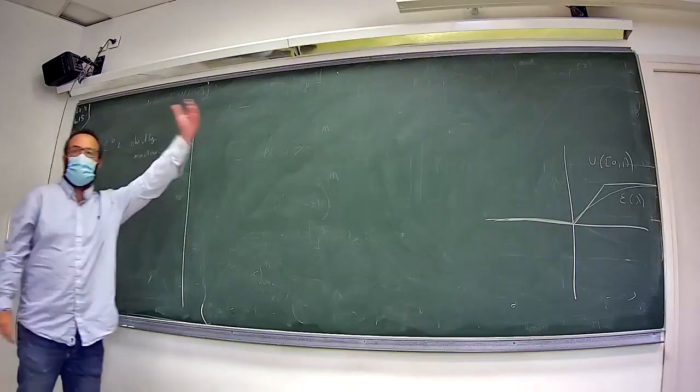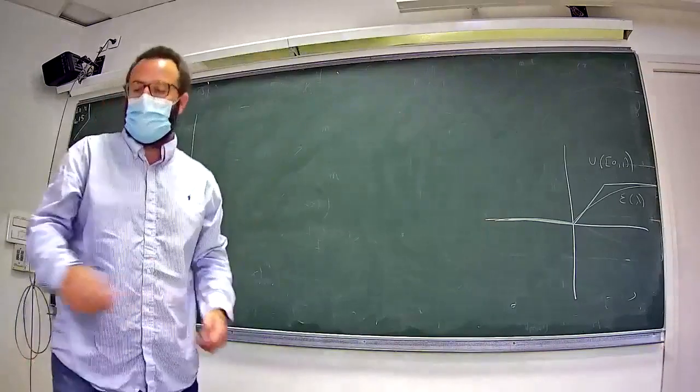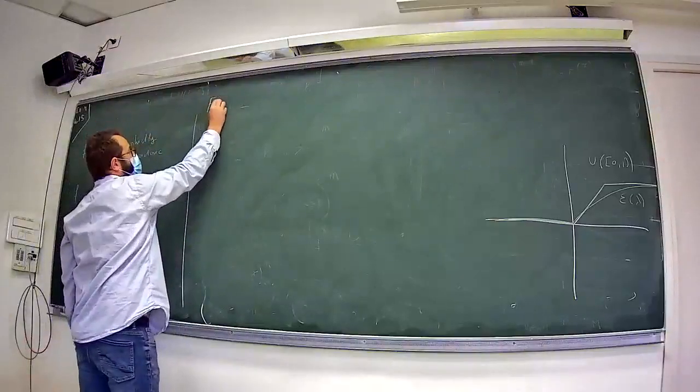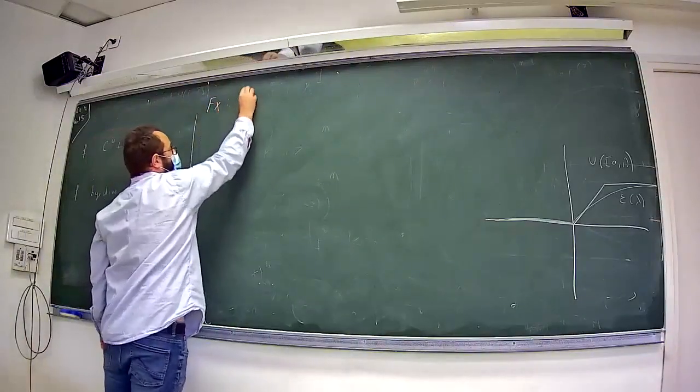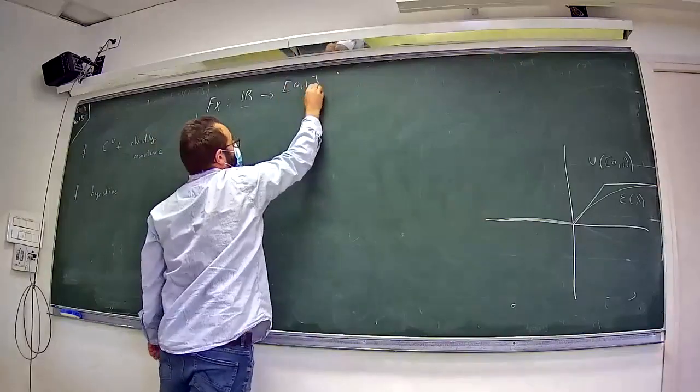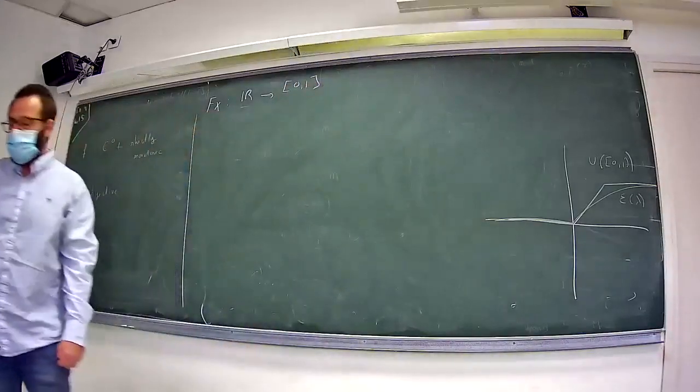Bijective on its image, of course. So here, if I take the distribution function, I know that I am from R into 0, 1. Okay?